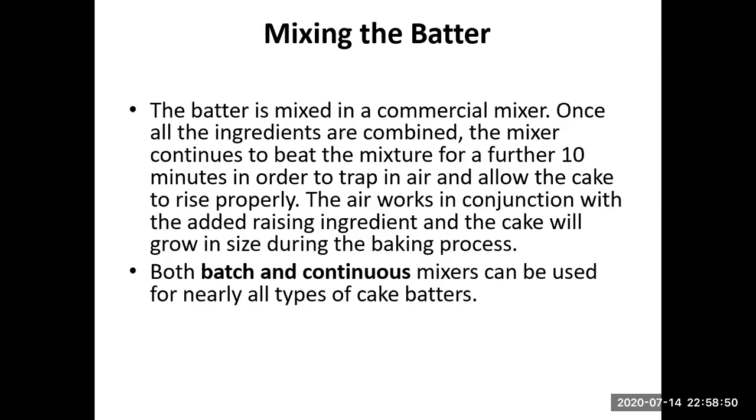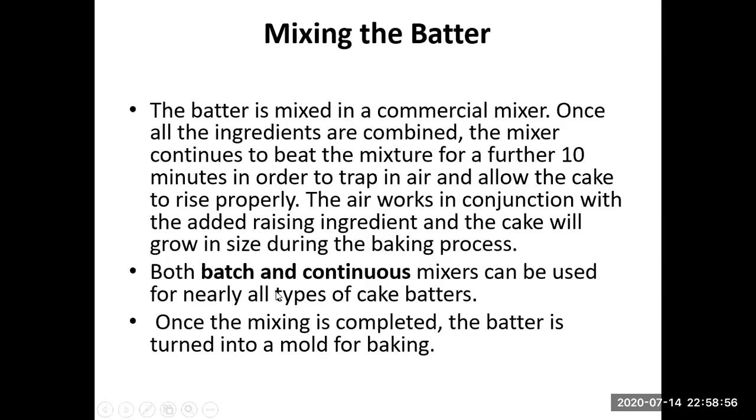There are two things: batch mixing and continuous mixing. There is a difference between them. You can prepare cake in two ways, per batch or continuous. So what is the difference between batch and continuous?